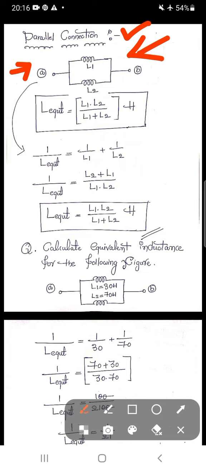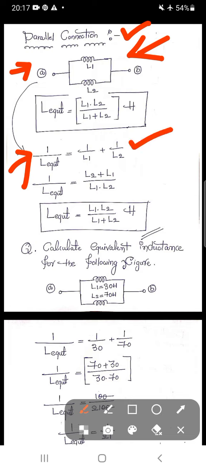Whenever two inductors are connected in parallel like this, to find the total equivalent inductance we consider the reciprocal of each individual inductor value. The reciprocal of the equivalent inductance is equal to the reciprocal of L1 plus the reciprocal of L2.